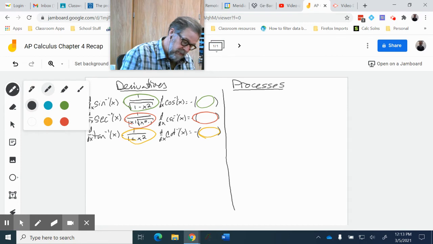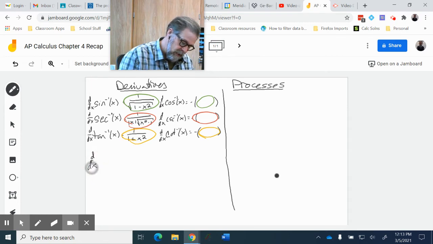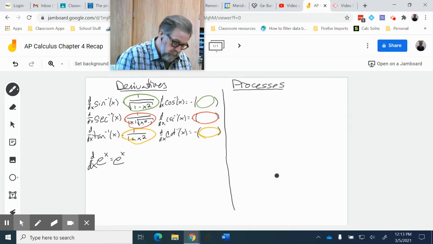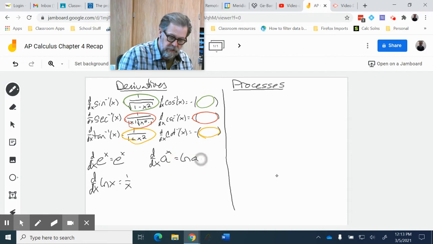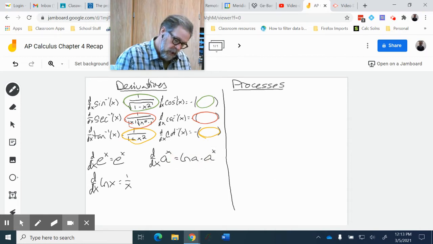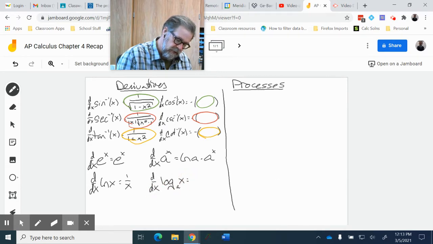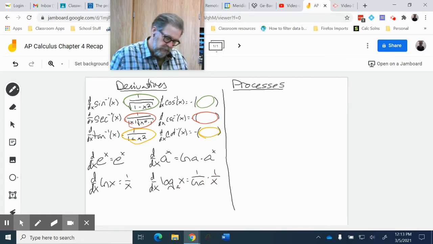4 more derivatives. The derivative of e to the power of x is in fact itself. The derivative of natural log of x is 1 over x. Then we can generalize these: the derivative of some other number to the x is the natural log of that number times itself, and the derivative of log base a of x is 1 over the natural log of a times 1 over x.